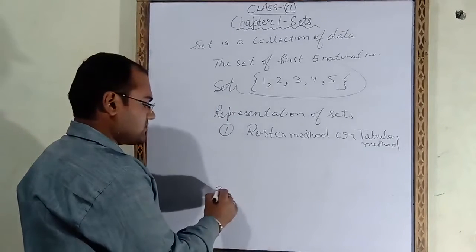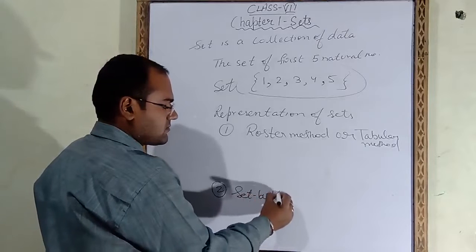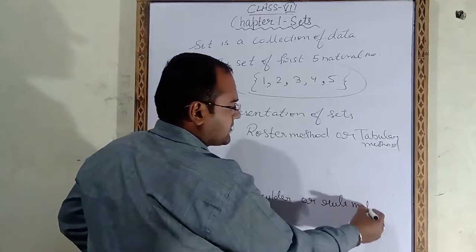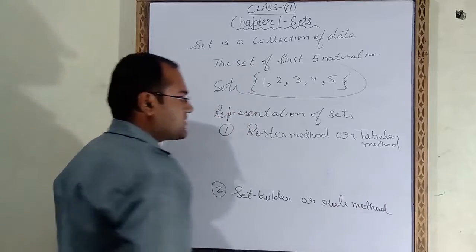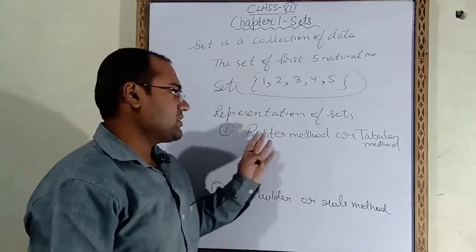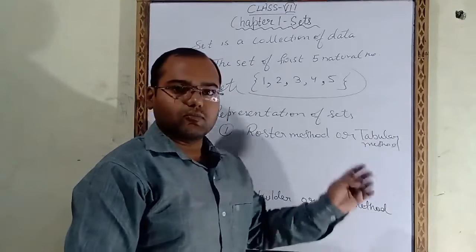And the second method is the set builder or rule method. So these are the 2 methods to represent any set.